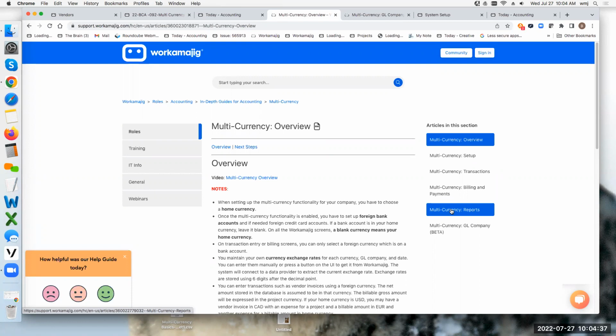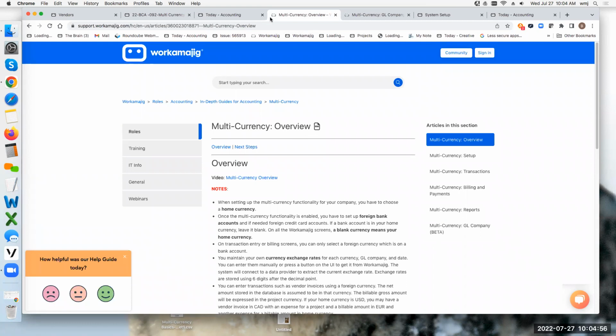And then truly understanding what you're seeing in your reporting section, because financial reports are very different from what you're seeing in your project financial reports. So just be aware that there are differences in the way that you're going to see things.